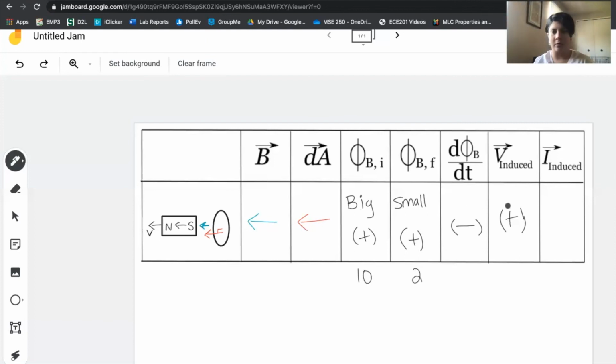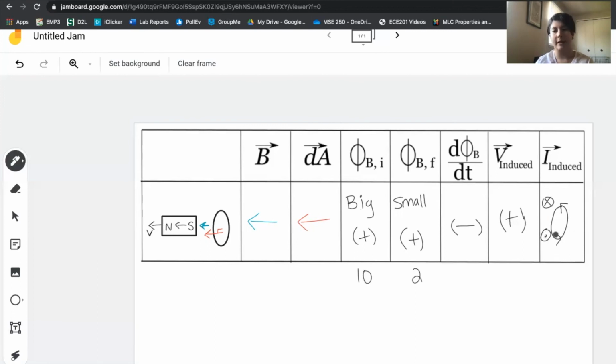And so I usually will redraw the circle. As my fingers curl at the top of the circle, it's going to go into the page. And as my fingers curl down, they're going to come out of the page at the bottom. And so we write that like this.